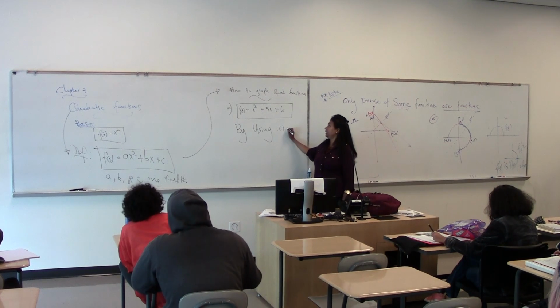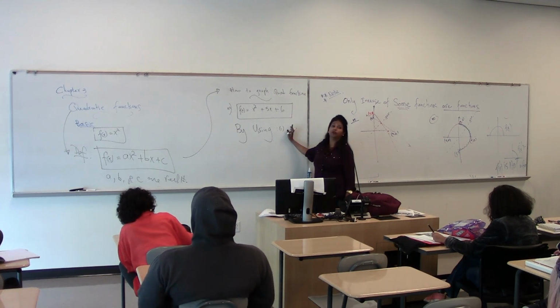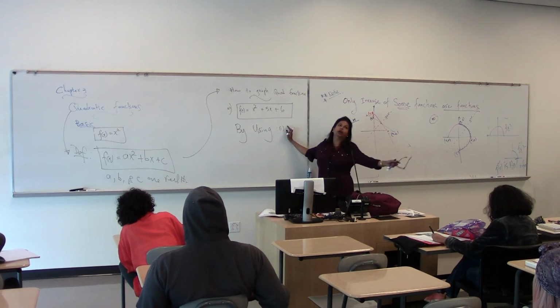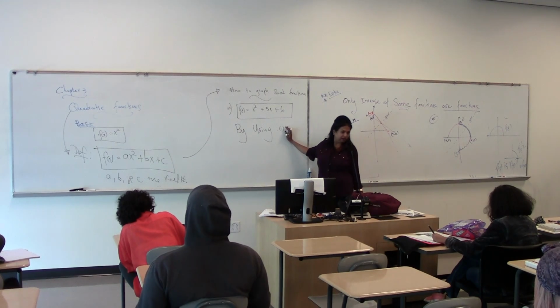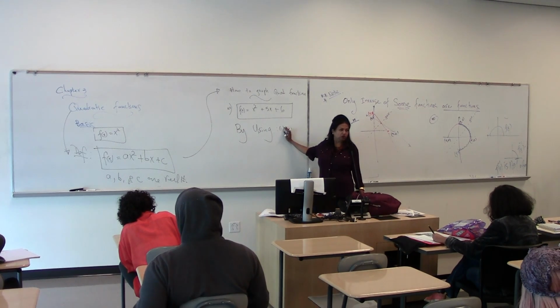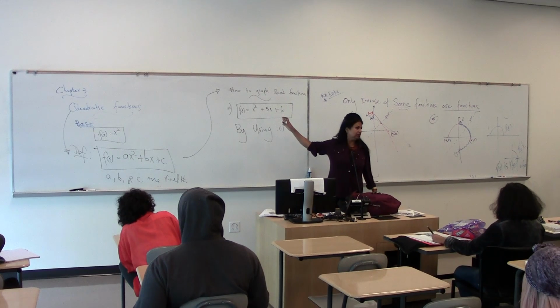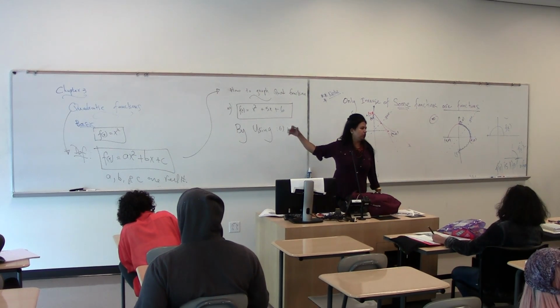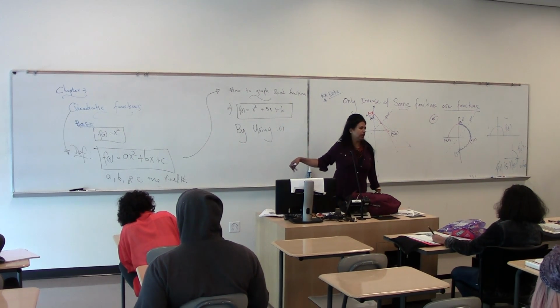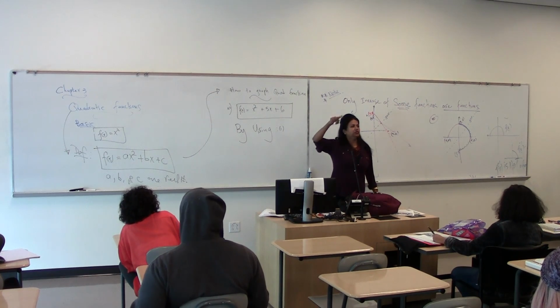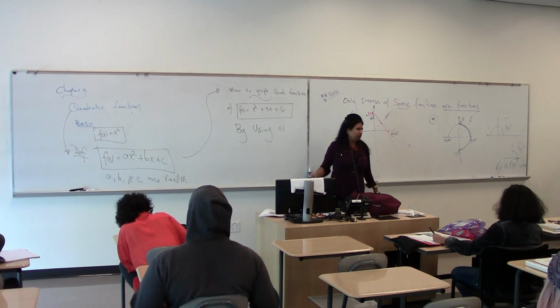Table of ordered pairs. If you use the table of ordered pairs, you don't know what the graph looks like. This is not a straight line, this is a curve, so we don't know exactly how the curve looks, how to connect the points.